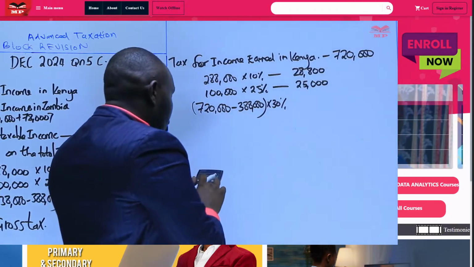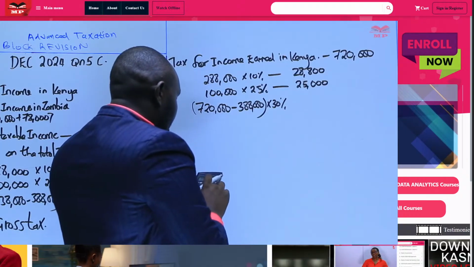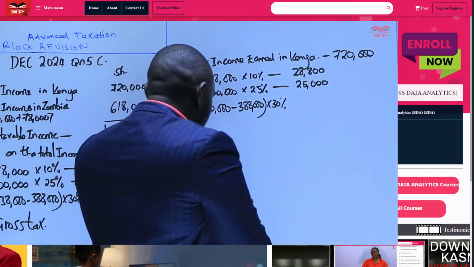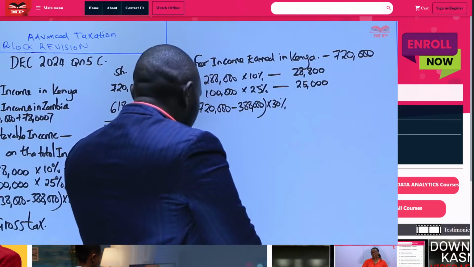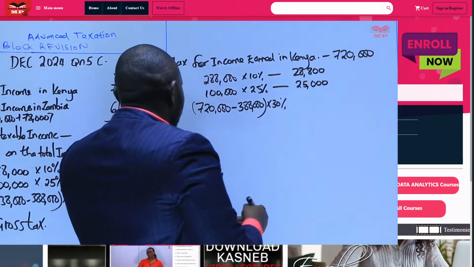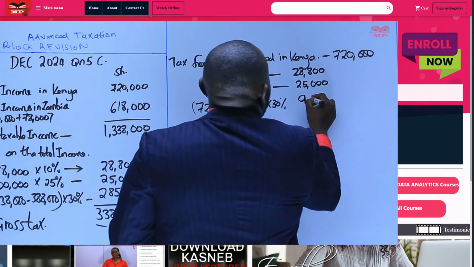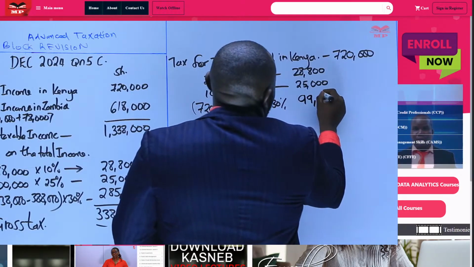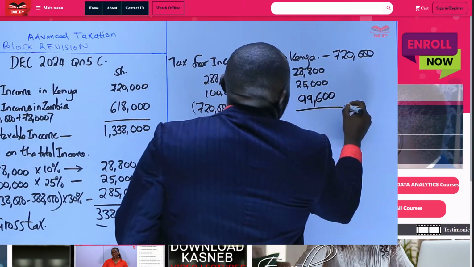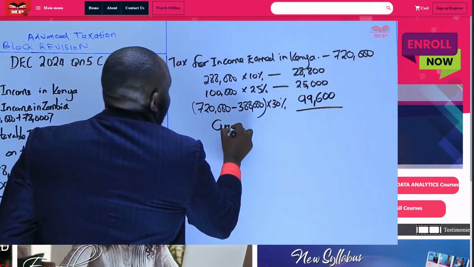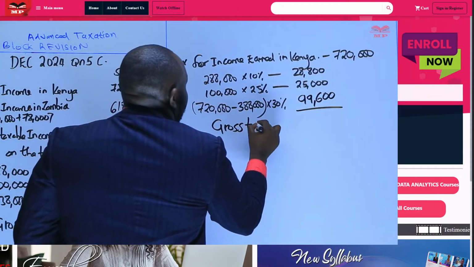So that should be 322 times 0.3. So that should be 99,600. So then we have what we call the gross tax.